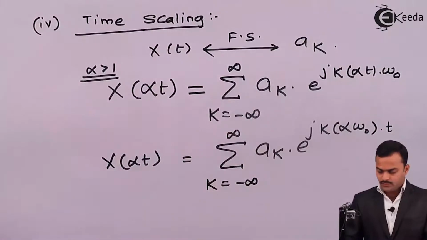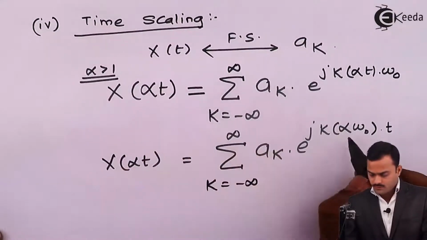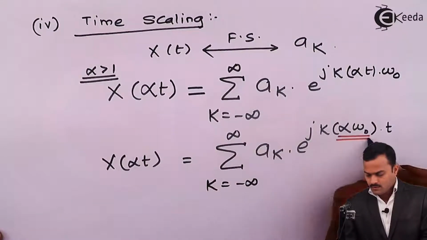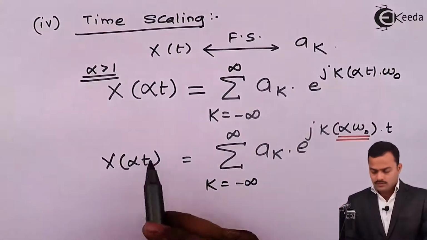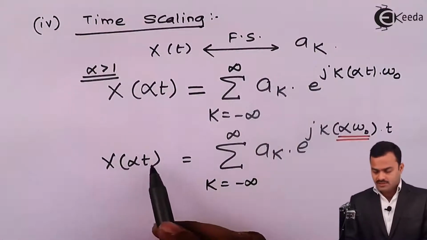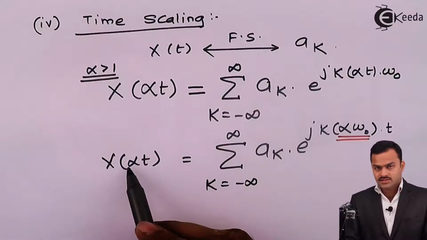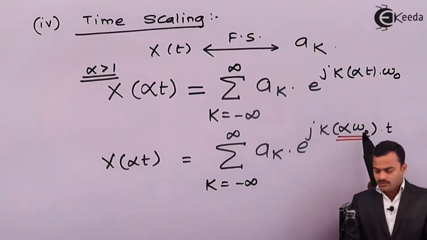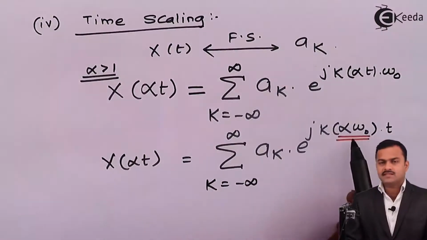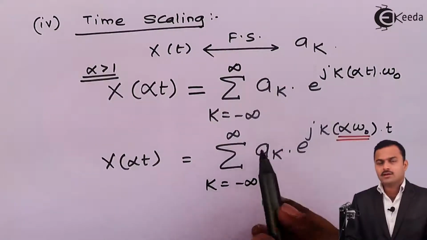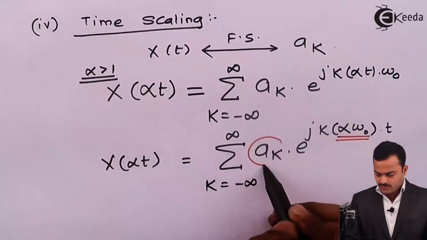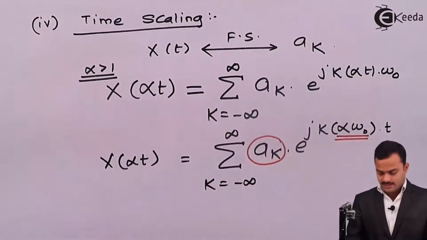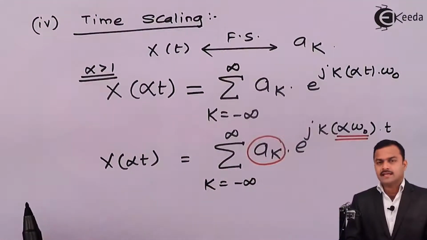So if you see properly over here, whatever multiplier we have with t in the signal will affect only the fundamental frequency. Only the fundamental frequency's multiplier is changing, but there is no effect on the Fourier series coefficient. So whenever we have time scaling in a signal, there won't be any effect on the Fourier series coefficient.